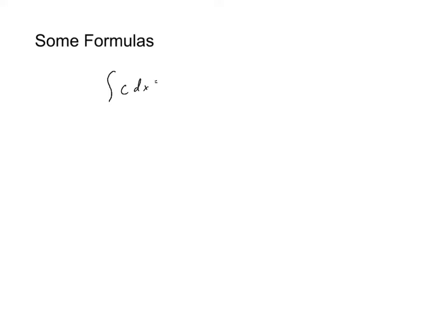Well, the answer is that constant times x. If I take the derivative of 4x, the answer is 4. If I take the derivative of 3x, the answer is 3. So the derivative of a constant times x is the constant. So when we integrate a constant, we get c times x. But then we've got to tack on our plus capital C, the constant of integration.